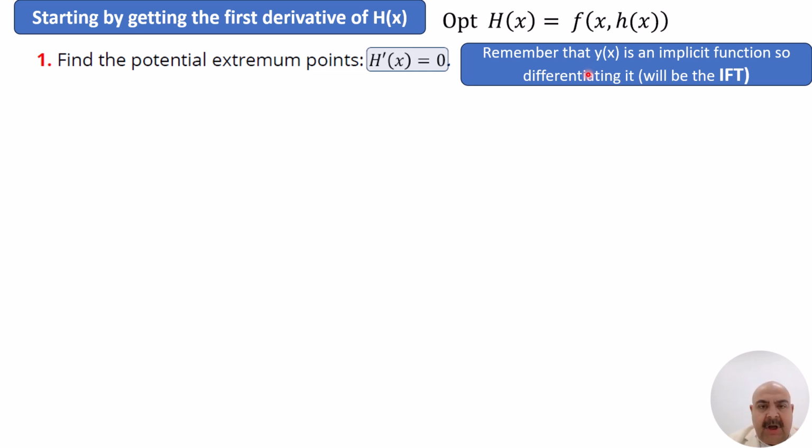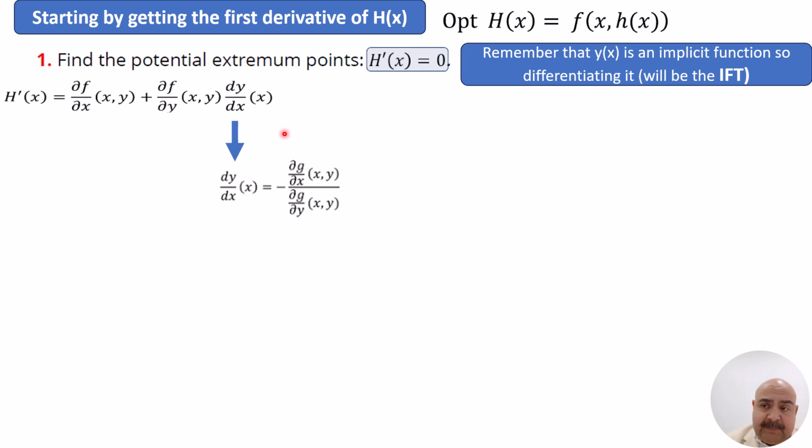Once more, trying to differentiate h of x, it's going to be the differentiation of this function with respect to its variables, which are partial f partial x plus partial f partial y times dy by dx. And this is the part where we will use the implicit function theorem in order to get it. And this is really very simple.